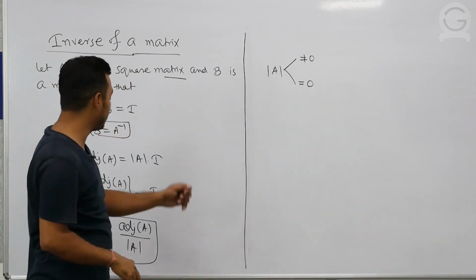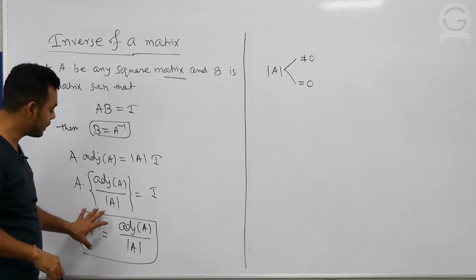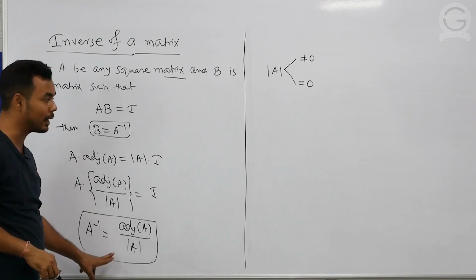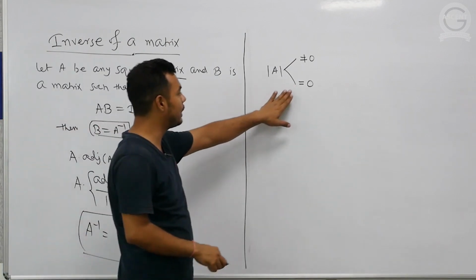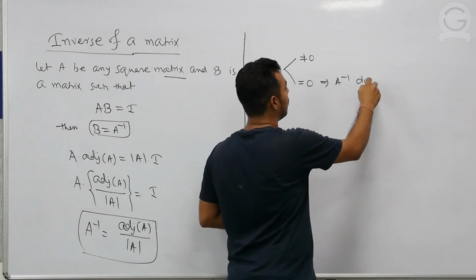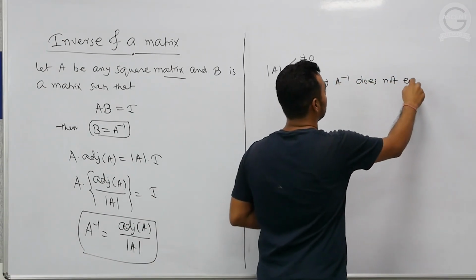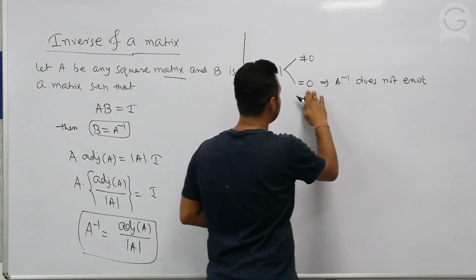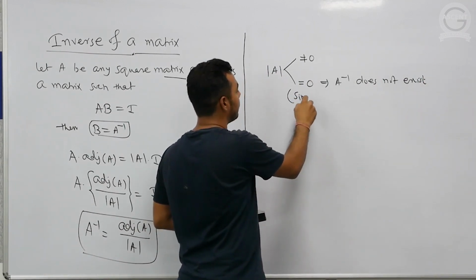Now the moment the determinant is 0, the inverse will not exist. This denominator cannot be 0. So if the determinant is 0, this implies A inverse does not exist. And in this case, if the determinant is 0, then the matrix is called a singular matrix.